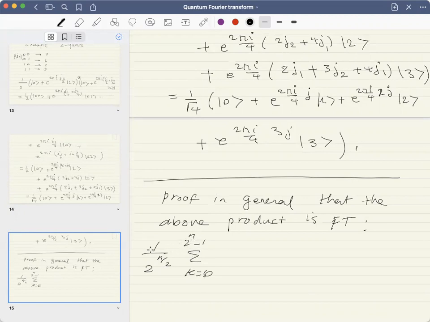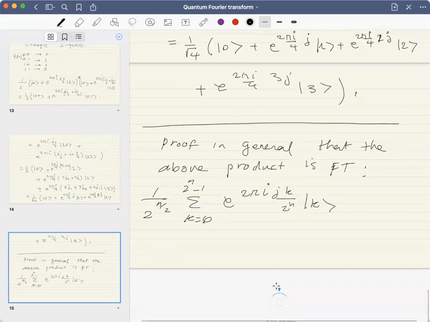So 2 to the n plays the role of capital N. That's the number of states, that's the dimension of the Hilbert space. Then I have e to the 2 pi i j k over 2 to the n times k. So that's the Fourier transform.